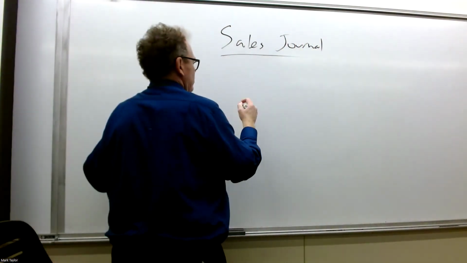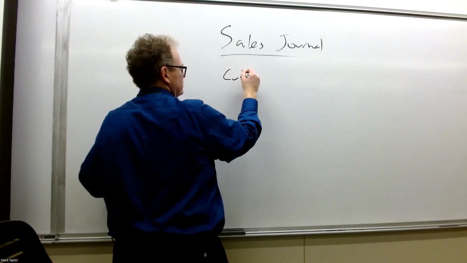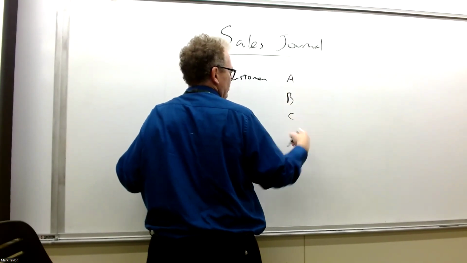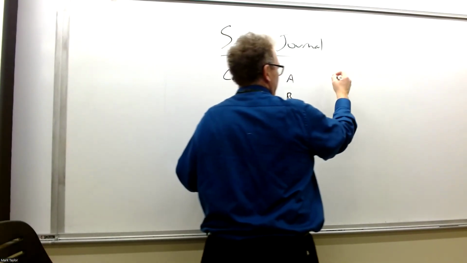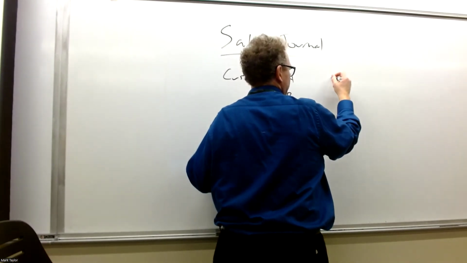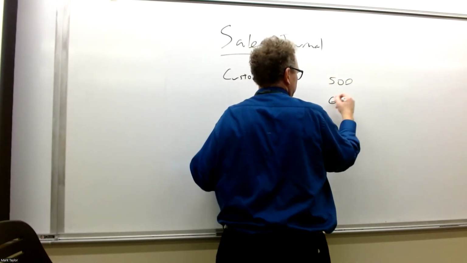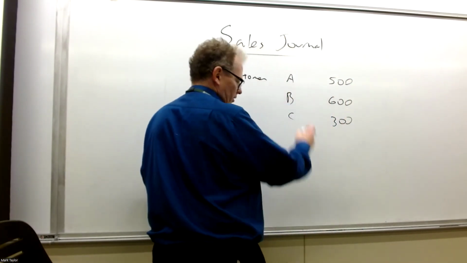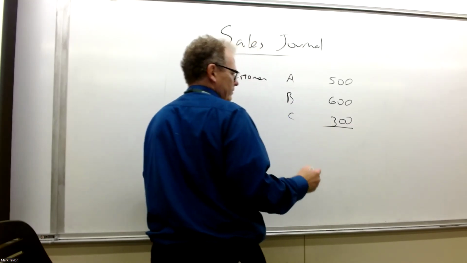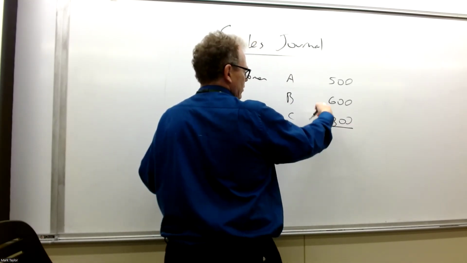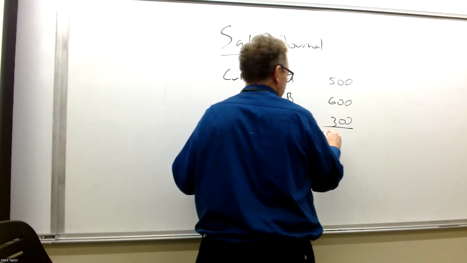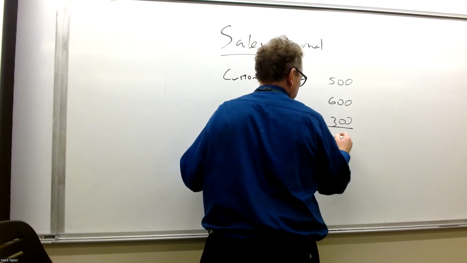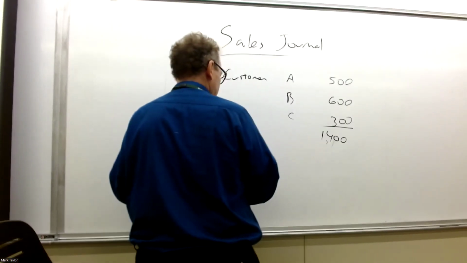You will have customer A, B, whatever customers you have, and they will have a list of what they buy. You'll go down this list, and it could be hundreds of them, but let's just say there are 3 here to make it easier. So if this was our sales for the day, we would make a journal entry that looked like this.